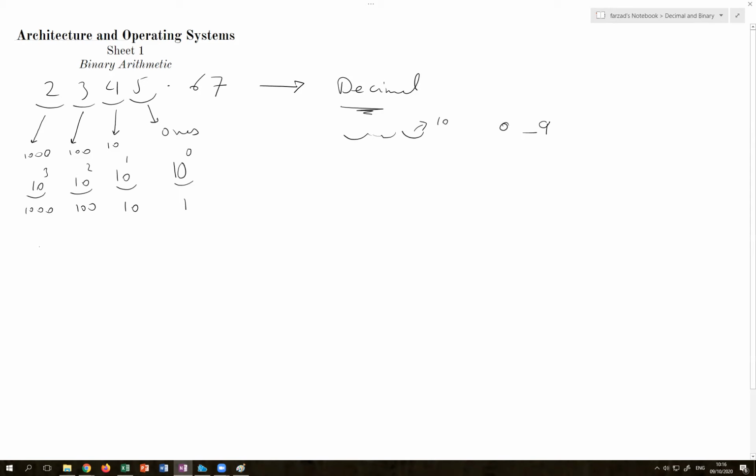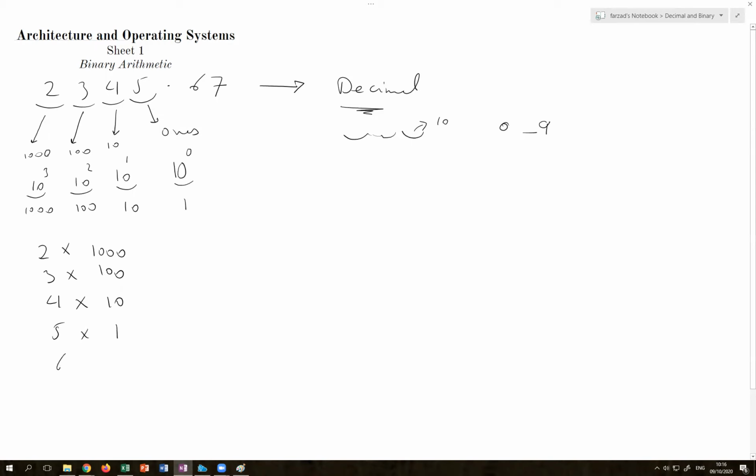So here, as you see, we have 2 of these 1000s. We have 3 of these hundreds. We have 4 of these tens, and we have 5 of these ones.